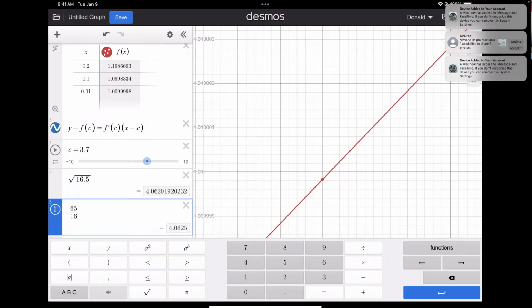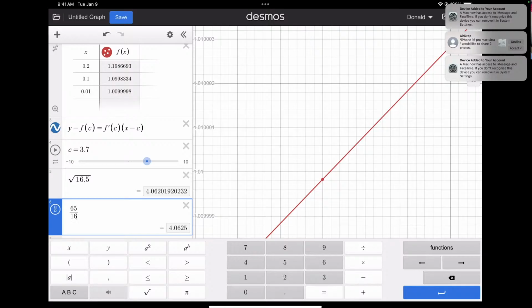It's 4.0625, so it's pretty accurate, to within five ten-thousandths. It's a very good accuracy for being able to approximate square root of 16.5. The closer the value, the more accurate the approximation. If you approximate 16.2, it's going to be way more accurate than 16.5 because it's closer to the known value.